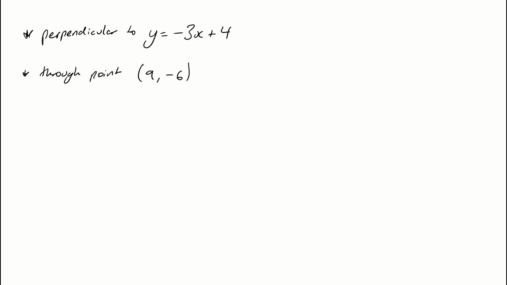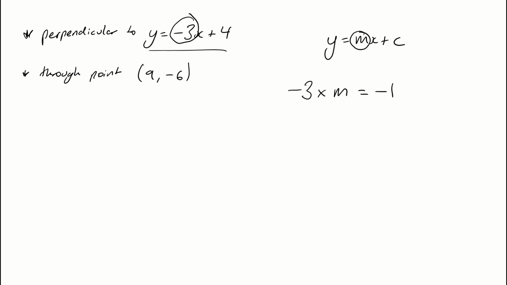Okay, so if it's perpendicular to y equals -3x plus 4, so we know that the equation of this line first of all is going to be mx plus c. But if it's perpendicular to -3x plus 4, then the two gradients have to multiply to give me -1. So the gradient of this line and the gradient of the line that I'm trying to find have to multiply to give me -1. So -3 times m has to be -1.